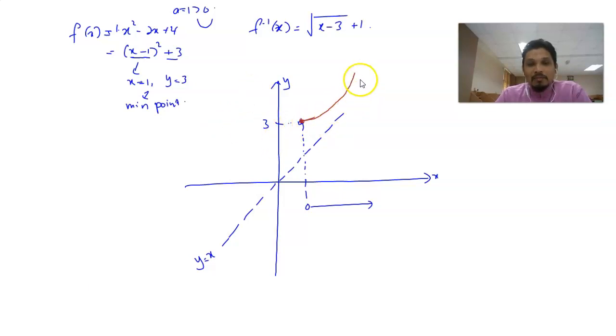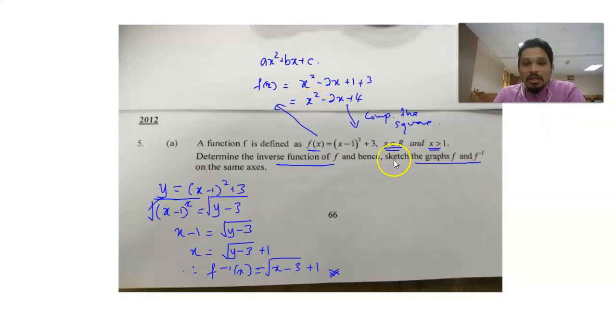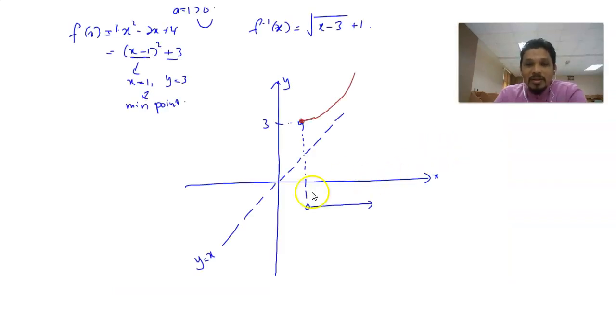So this is the graph of the function. The reason I cut half of the graph is that the function is defined with x greater than 1, meaning the graph is only valid from 1 here to the right side, all positive. Now let's sketch the graph of the inverse.